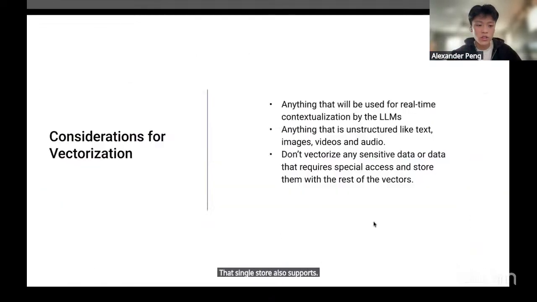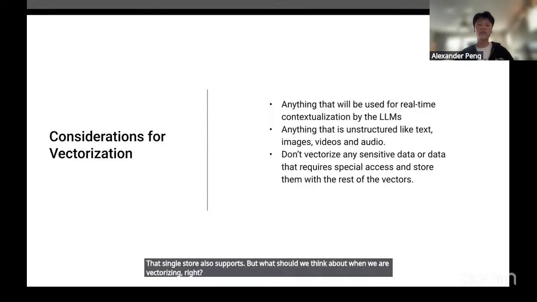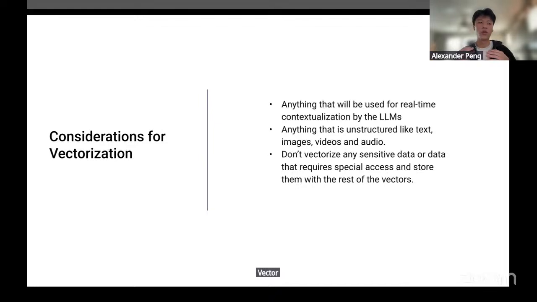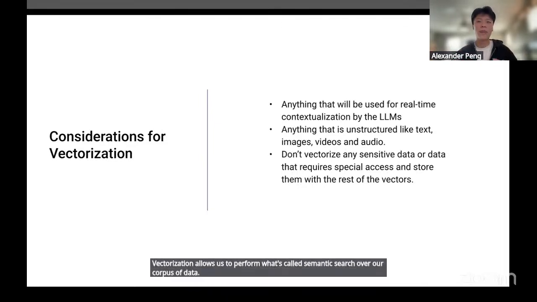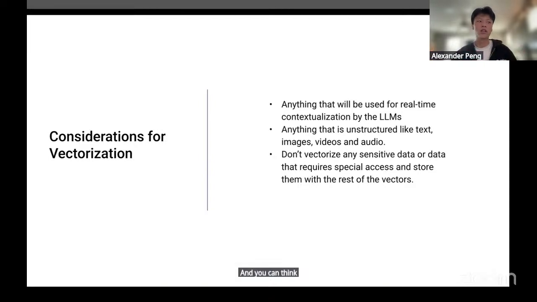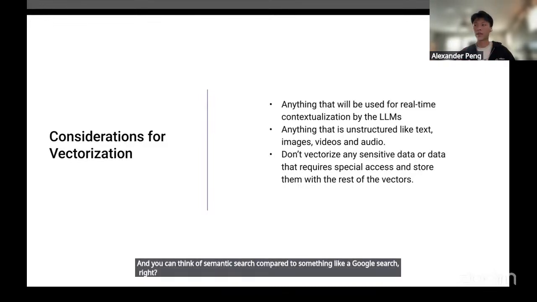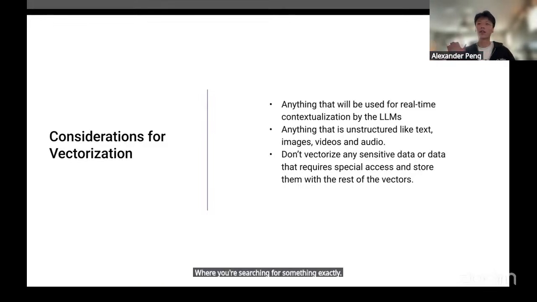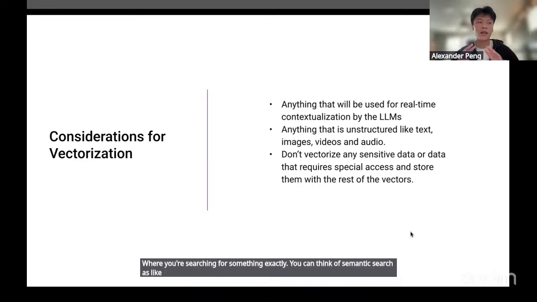But what should we think about when we are vectorizing? Vectorization allows us to perform what's called semantic search over our corpus of data. You can think of semantic search compared to something like a Google search, where you're searching for something exact. Semantic search is like a fuzzy search that allows you to match concepts against other concepts.